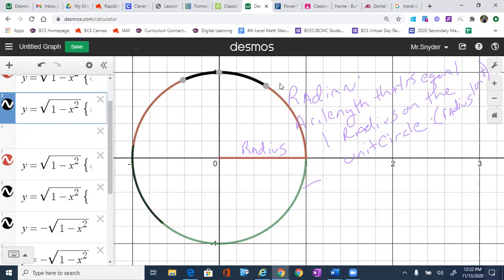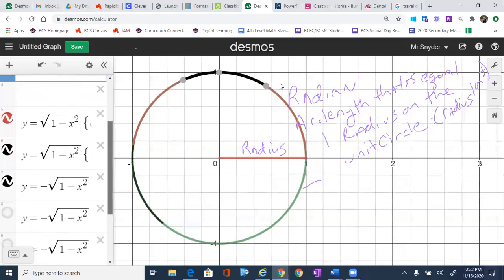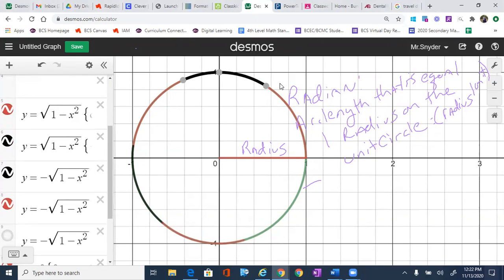We have 4 radians, 5 radians, and then 6 radians. So let's mark this down: 1 radian, 2 radians, 3 radians, 4 radians, 5 radians, and 6 radians.